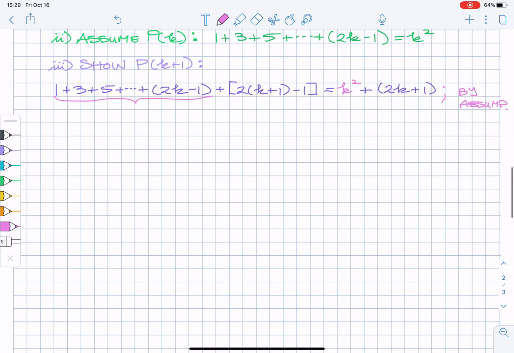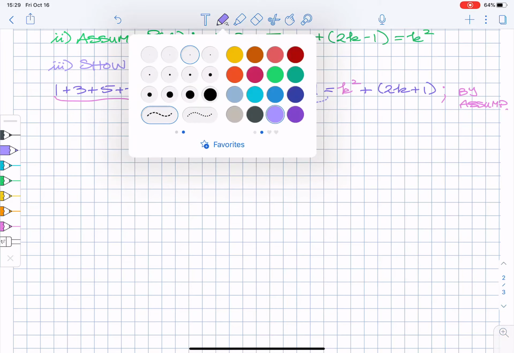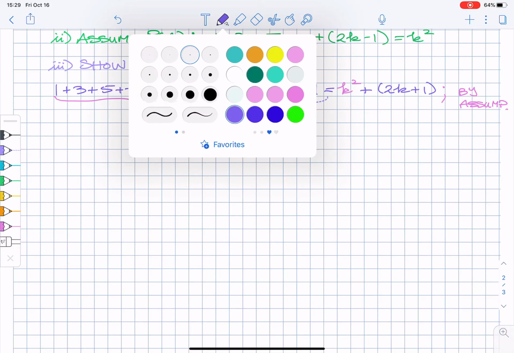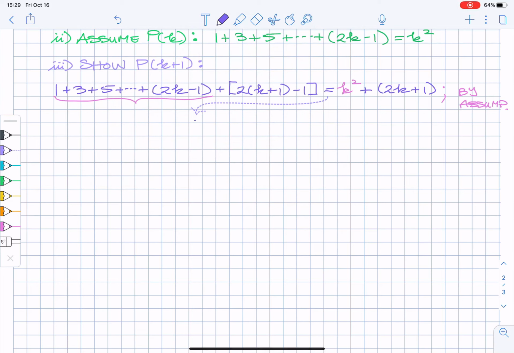Okay. So let's go ahead and move this down a bit to the left here. So this is going to be equal to k squared plus 2k plus 1, which is actually quantity k plus 1 squared.